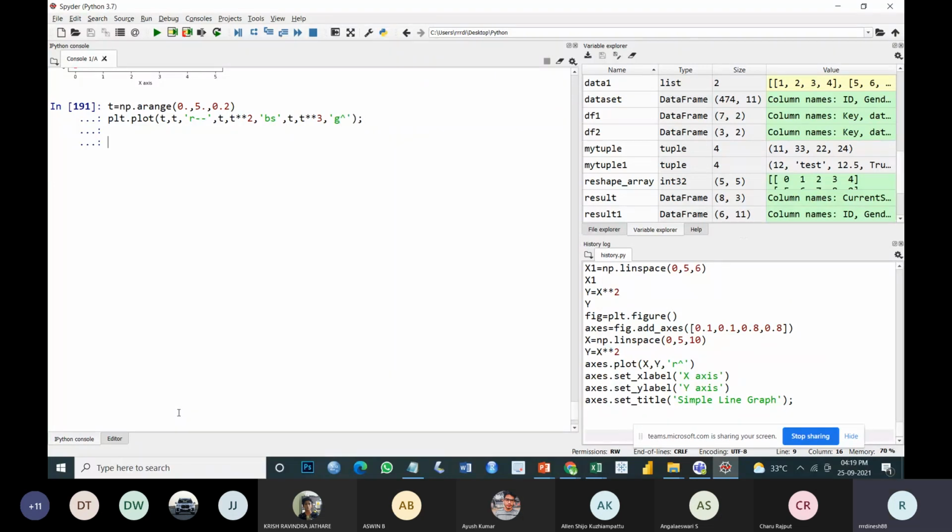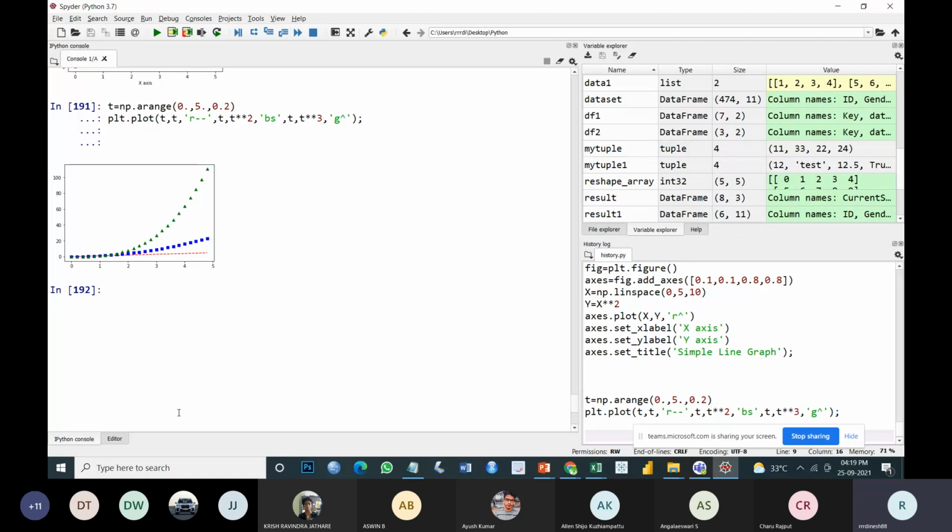So this is a multi-line graph. This is a single line graph; we can also draw multi-line. For example, t equal to np dot arange of 0, 5, 0.2.